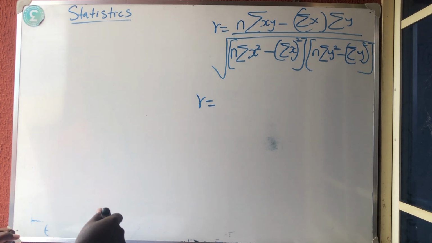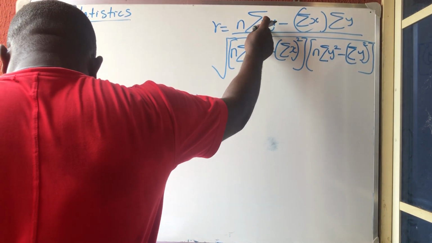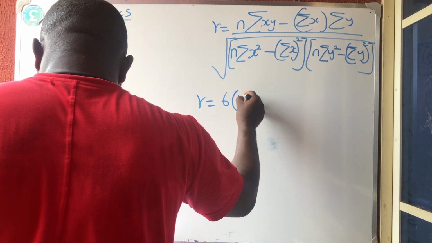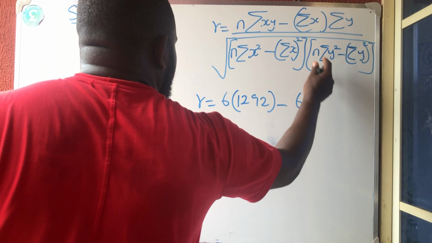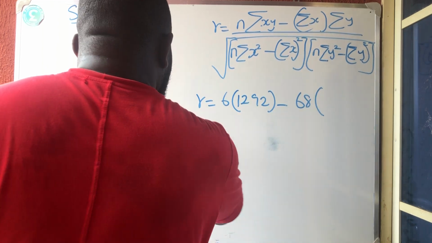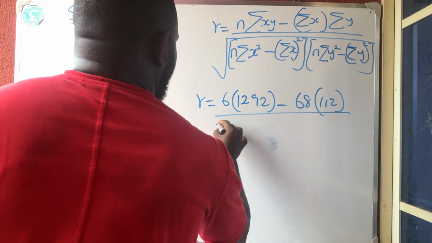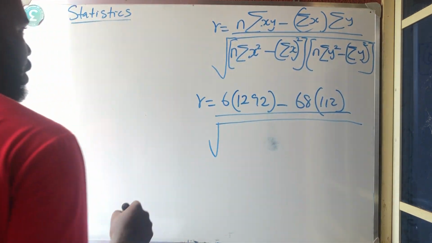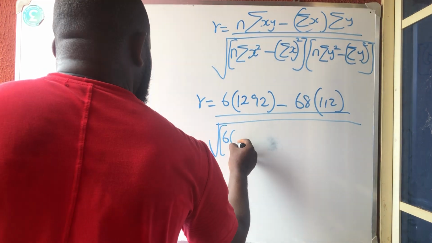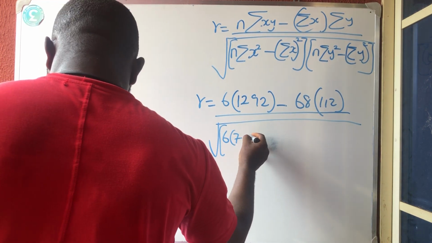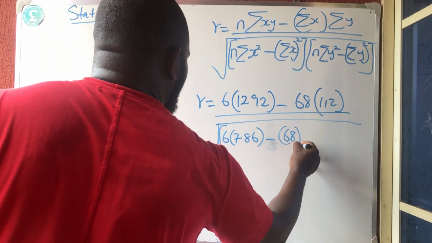And then our answer will now be 6 bracket. When they did the summation of this one, they had 1292 minus 68. In fact, we did it in the other place, so get it from that place. If you are writing your notes, all over the square root of the other one gave me 6 bracket 786 minus 68 all squared.